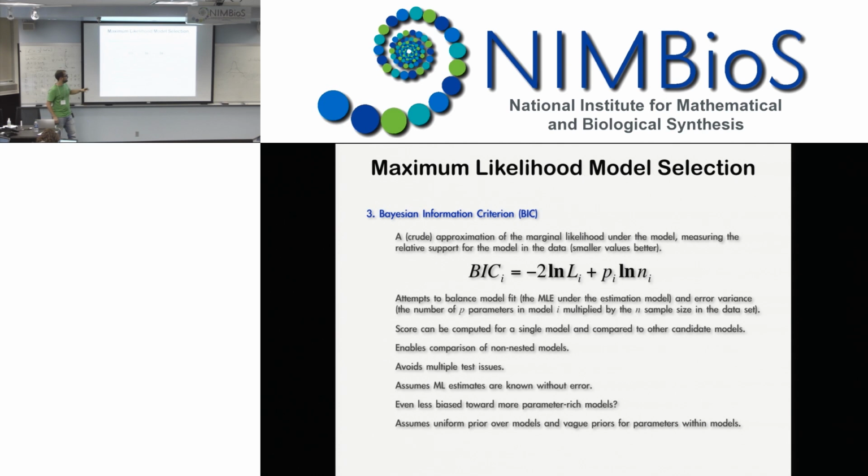So this one has a different penalization term, but otherwise it's basically the same as the AIC. It has the same type of properties: you can use it for non-nested models, and you can rank it in the same way.